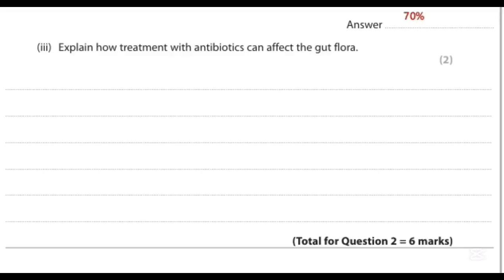And that's why we can see that both types are inhibited, they cannot grow properly, and antibiotics affect different types of gut flora bacteria in varying ways, and it leads to changes in the proportion of bacterial population due to the death or inhibition.